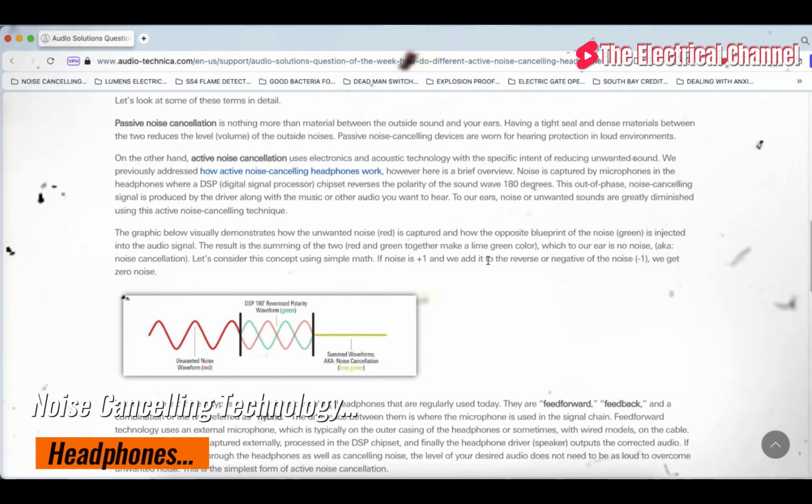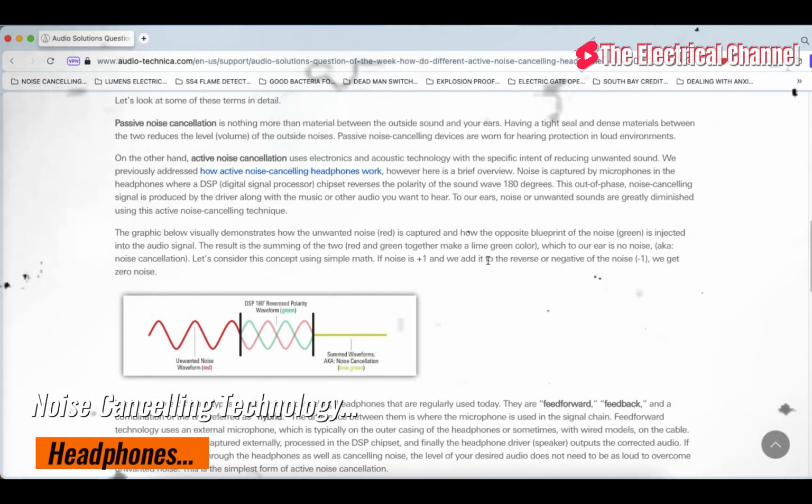The graphic below visually demonstrates how the unwanted noise in red is captured and how the opposite blueprint of the noise in green is injected into the audio signal. The result is the summing of the two, red and green, together to make a flat line, which to our ears is silence, aka noise cancellation.